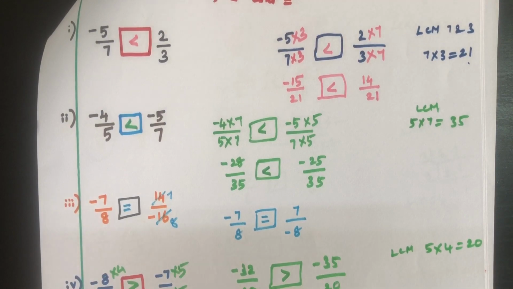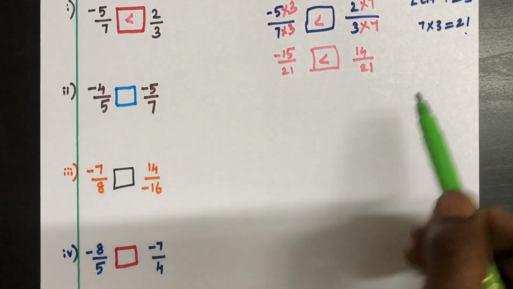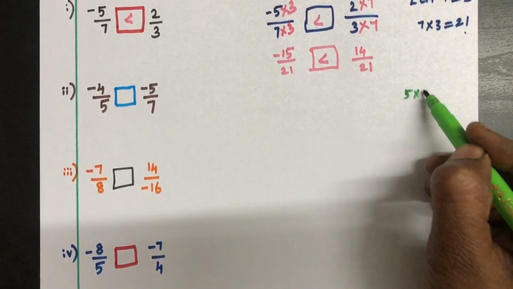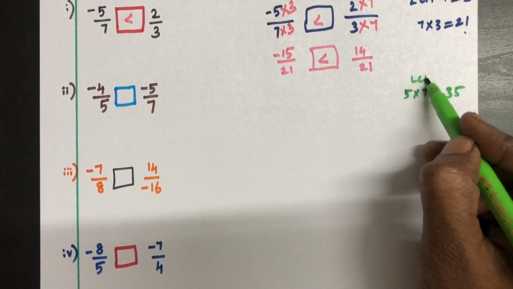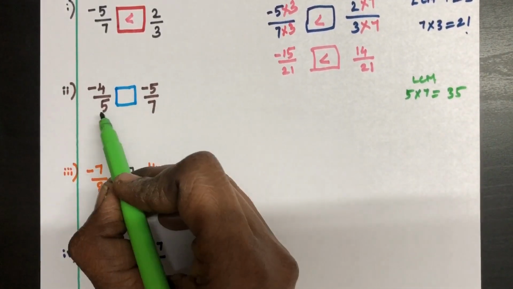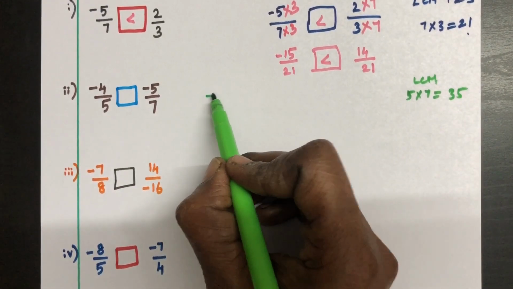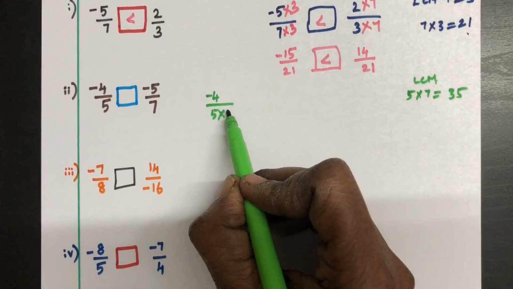For the second subdivision, the LCM of 5 and 7 is 5 into 7, which is 35. This is the LCM. Now we should make the denominator 35. For that what we need to do? Minus 4 by 5, into 7.